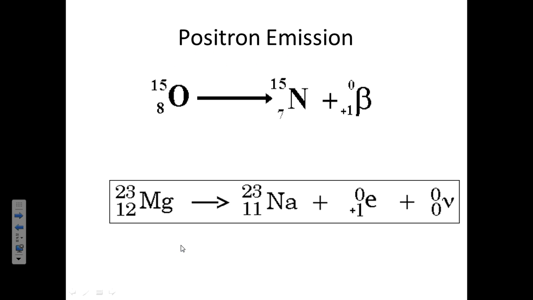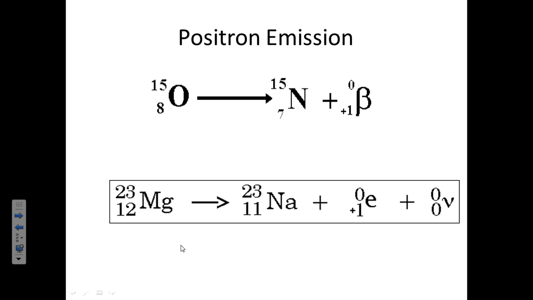And then one other way we might look at it is positron emission. What's happening here? It's essentially the same thing, but kind of in reverse. Here you've got oxygen-15, and notice it transmutes to nitrogen-15. So the mass number doesn't change.